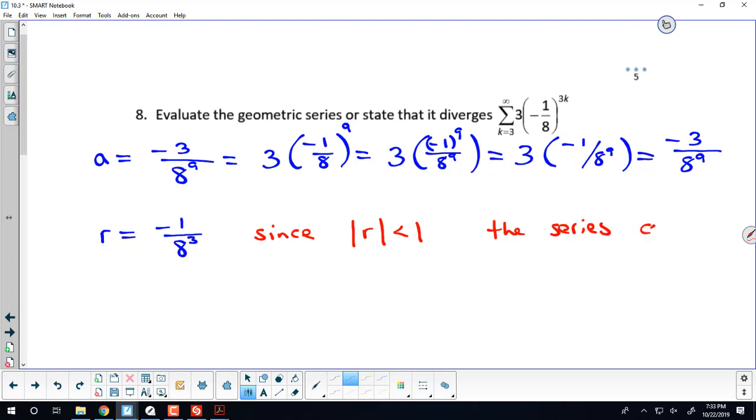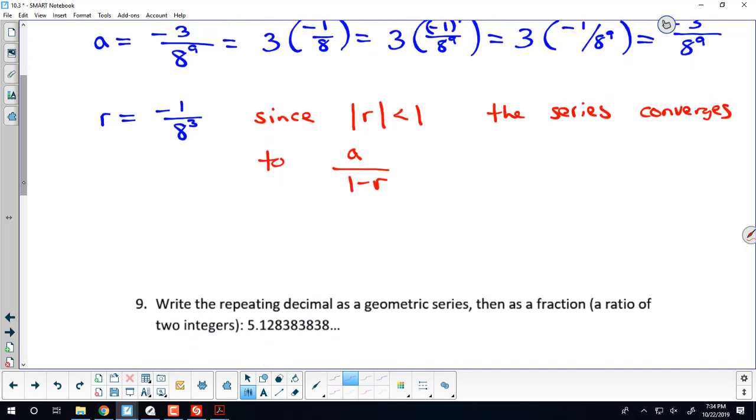The series converges to that. So just make sure when you're doing these that you are validating that the ratio is in magnitude less than 1. Otherwise, this a over 1 minus r is not valid at all.